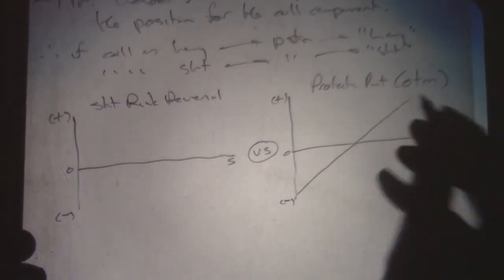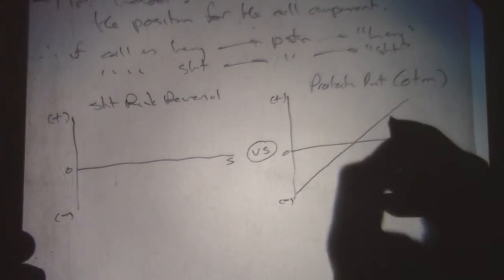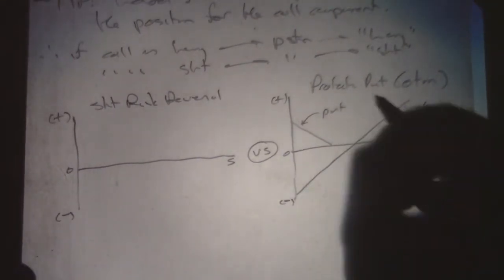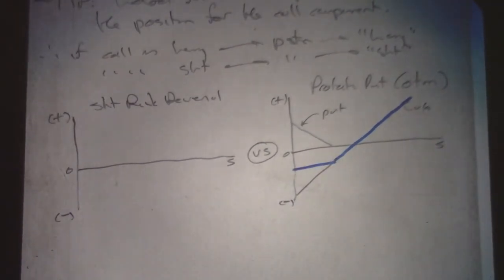So that's the underlying asset, and it says OTM. So it's just rewriting what we had before and connecting these two points. Two lines. Okay, so that's your protective put.